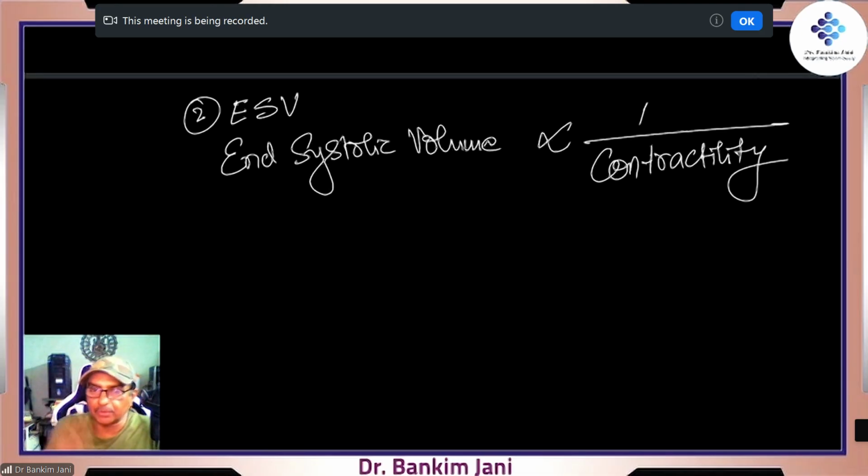Again, same chamber. Now that chamber has contracted. Systole is done. So now how much blood was pushed? One amount, but how much is left out? That is the end systolic volume. The blood which is still present in the left ventricle after the entire contraction has been completed.